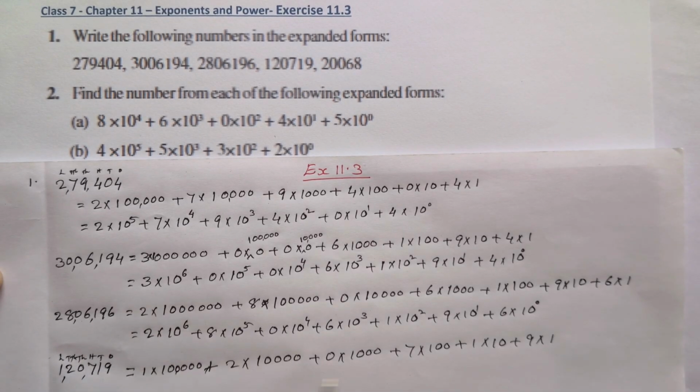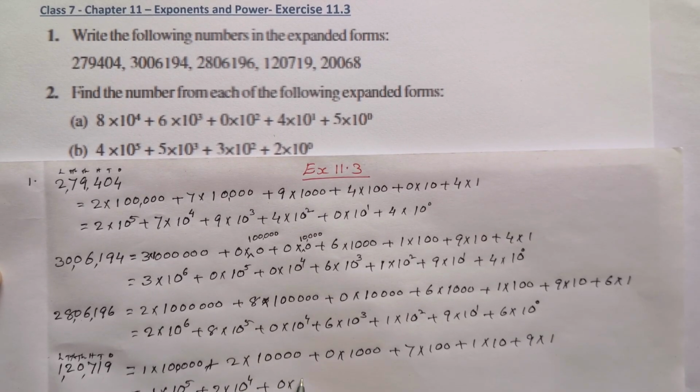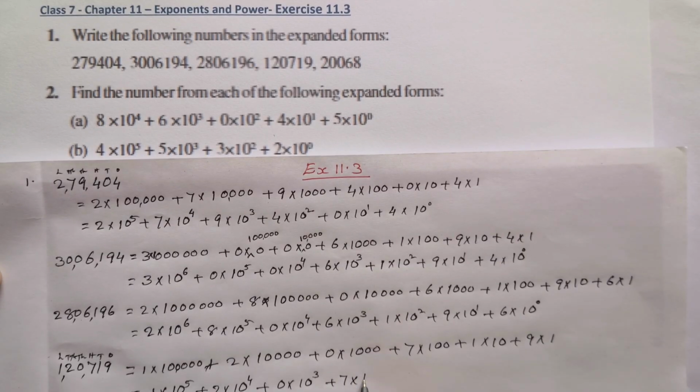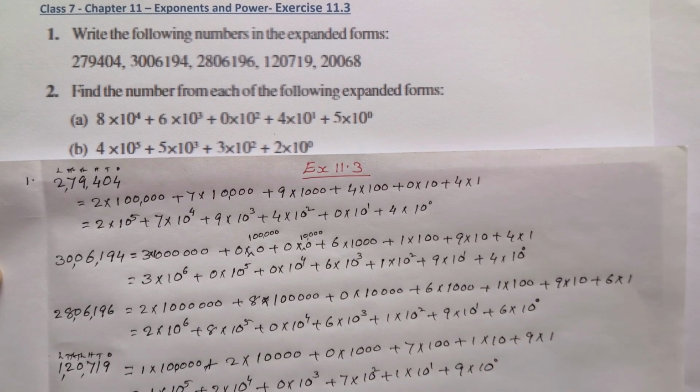So 1 into lakh, that's the way we are writing, which is equal to 1 into, here we can see 5 zeros, so 10 raised to 5 plus 2 into 10 raised to 4 plus 0 into 10 cube plus 7 into 10 square plus 1 into 10 raised to 1 plus 9 into 10 raised to 0.